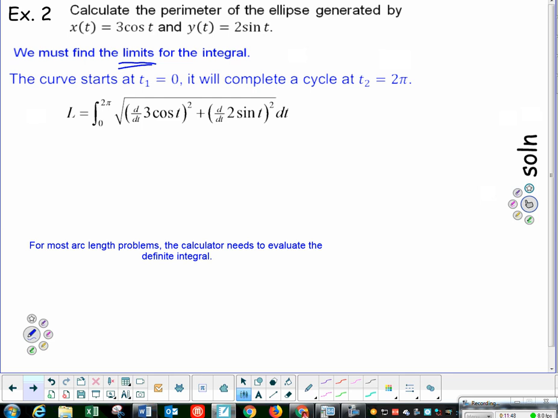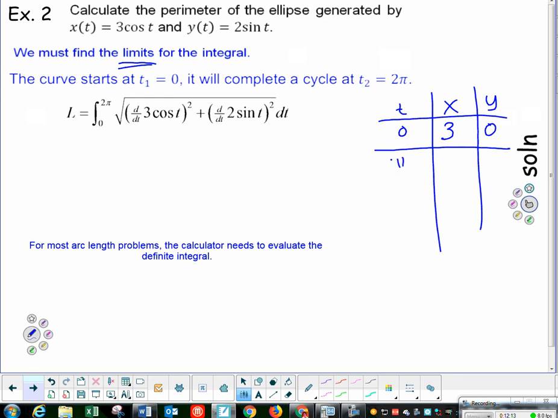So if I have t at 0, where does this begin? My x value, my y value. If I put in 0 to cosine, I'm going to get out 3. If I put in 0 to the y value, I'm going to get 0.